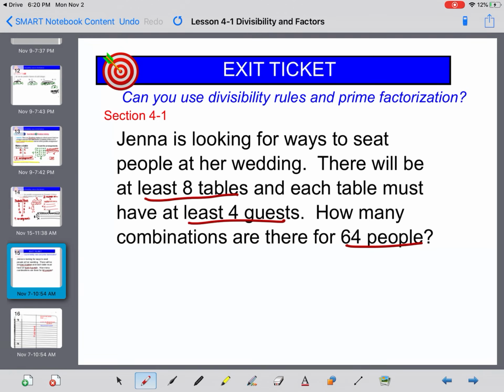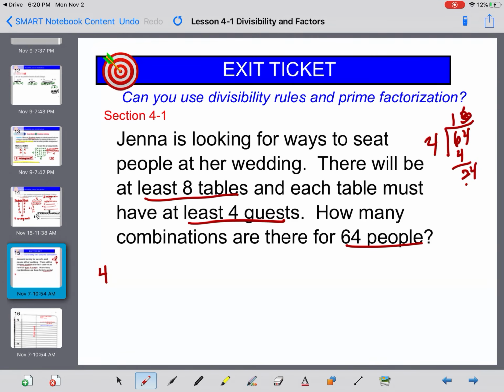Well, start with the minimum number of guests. I could have 4 people at a table, and I need 64 total people. Well, 64 divided by 4 is 13. Oop. What did I just do there? That's not 13.